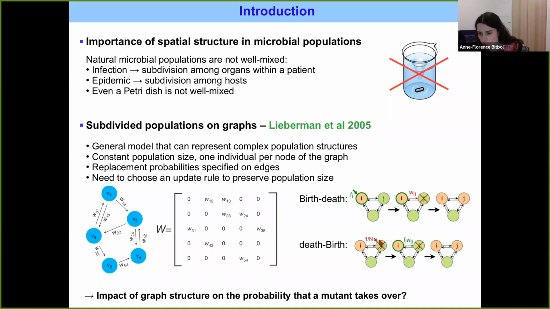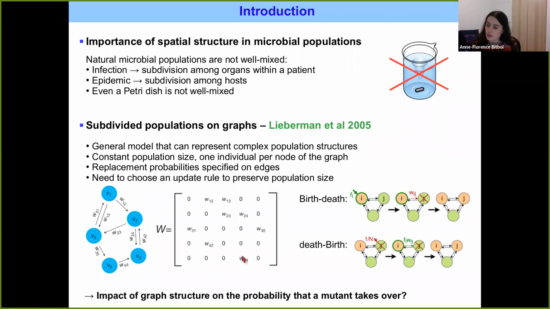And then once you have chosen this individual that is dying, you have to replace it by the offspring of another one. And so then you choose this other one that is going to divide proportionally to fitness and to the replacement rate Wij. And so in the end here, we have reached exactly the same state as with the birth-death update rule. So at this point, you may think, okay, these are just 2 ways of seeing exactly the same thing. Turns out that it will matter, which is why I wanted to go into some detail of this.